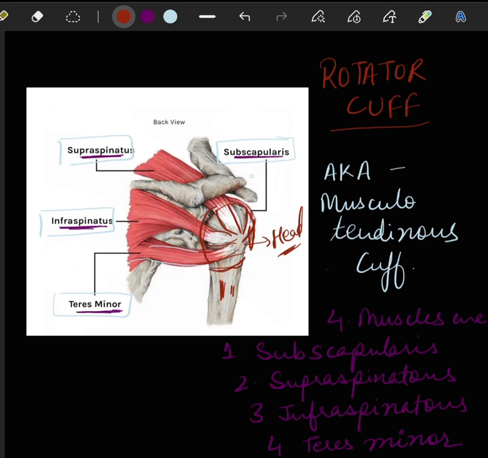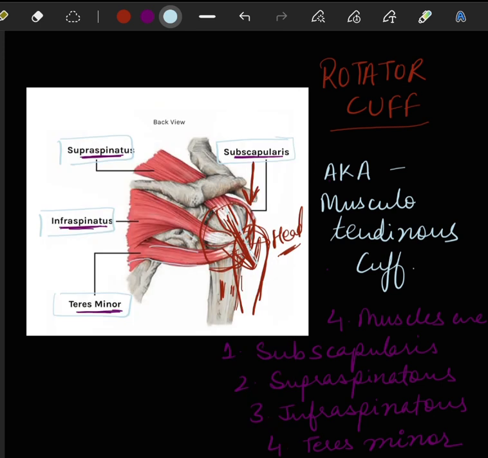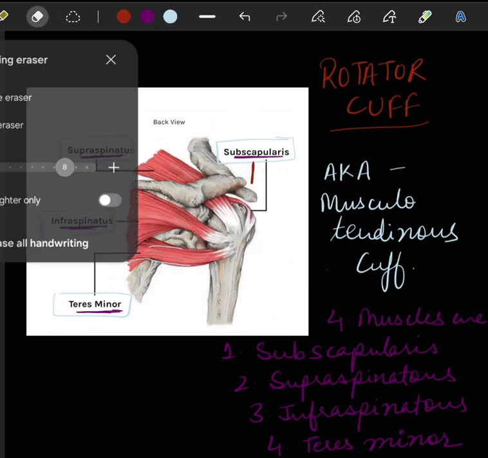So always when there will be a trauma or excessive pressure, the head of the humerus will always get dislocated in antero-inferior direction. This will get dislocated like this. It will always move in antero-inferior direction. So this is all about the rotator cuff.